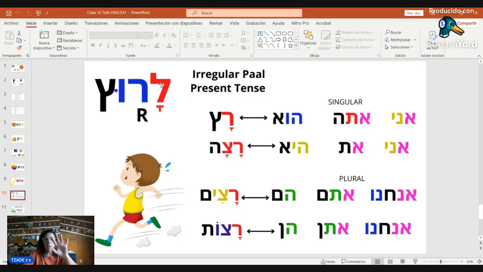We can count the consonants, and it only has 4 consonants. If you remember the main regular pa'al, which is lilmod, it has 5.